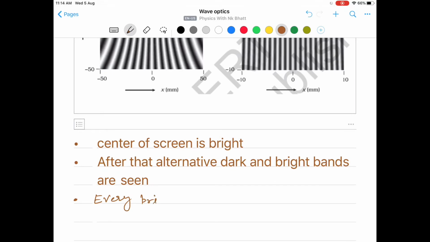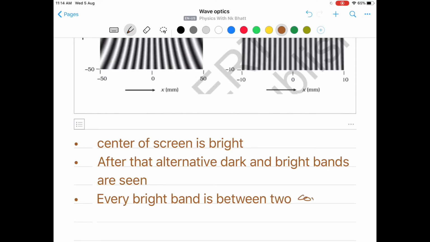Every bright band is between two consecutive dark bands.